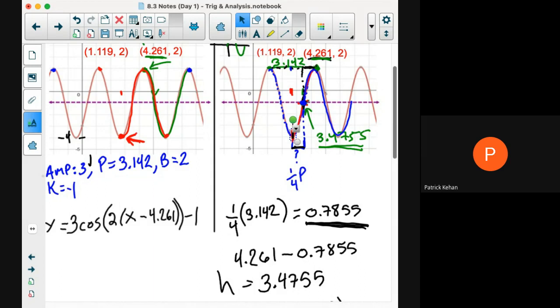So I can subtract half a period from that if I wanted to start a cosine function down there. But that's the work we're getting into, and you're going to practice a bunch of them for your assignment.